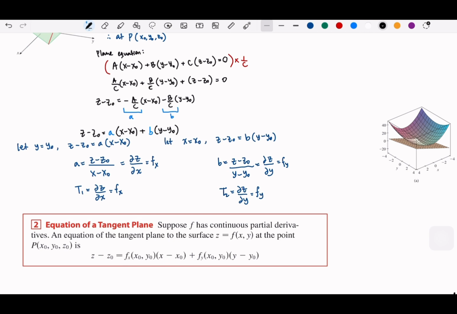Okay. So this is the standard equation for the tangent plane.